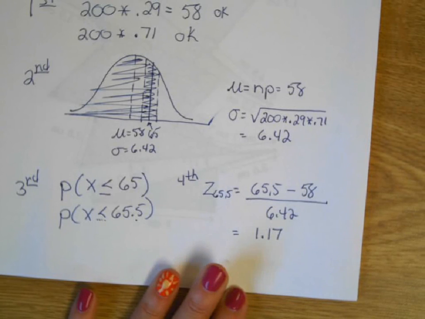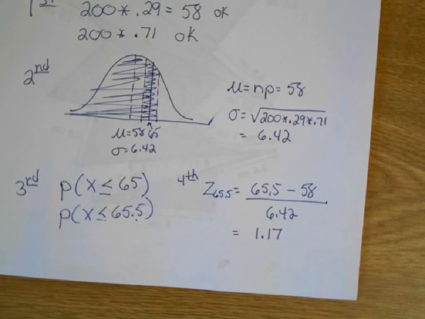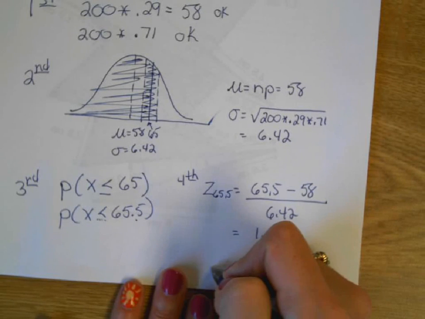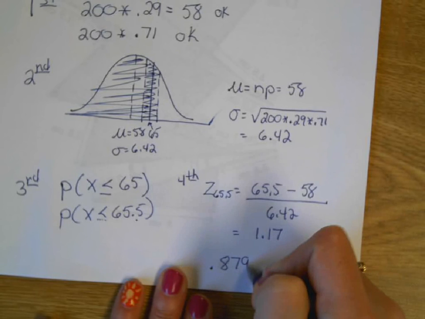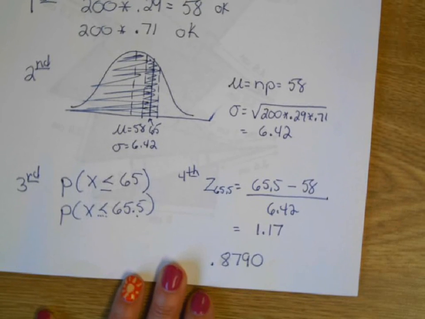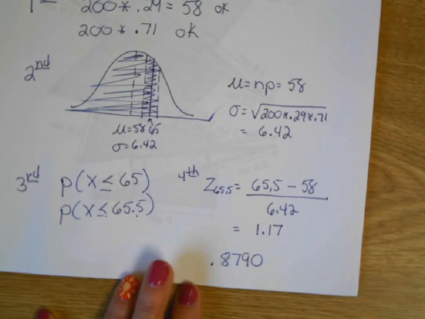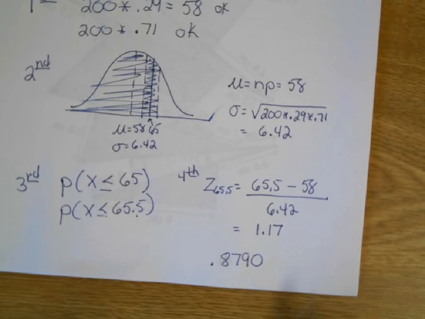Now am I going to do a 1 minus, or am I going to keep the value? You're just going to keep that value because it's the area behind, so it is the data value on the table. So if you look up 1.17, what is that area? 0.879. There you go. So there's a little bit more involved in the problems, but you can see we've been doing the same stuff. Turn stuff into z-scores and use that table.